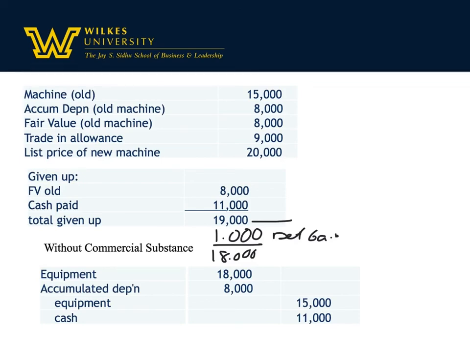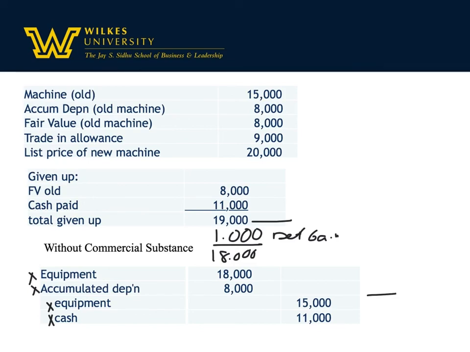What's different on this journal entry is the equipment value, but I'm still debiting equipment. I'm still crediting the old equipment and debiting the old accumulated depreciation. And I'm still crediting the cash, so that hasn't changed. The only part of the entry changing is there's no entry for the gain, and the equipment's decreased.